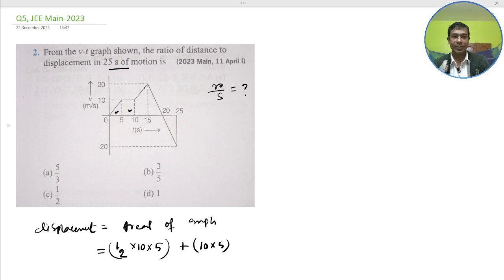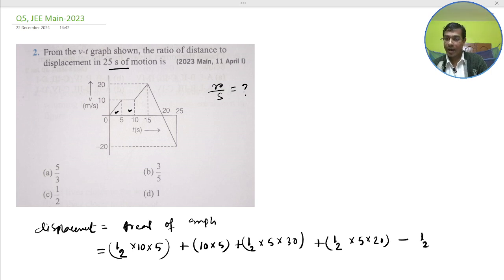Second, this triangle, this portion: half into 5 into 30, plus half into 5 into 30, plus this triangle, half 5 into 20, and the rest one is minus half 5 into 20. This is the total area of this graph.